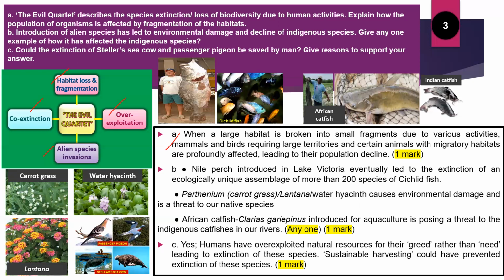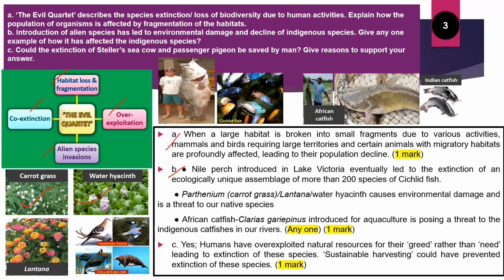Okay. Then the question part B mentions the introduction of alien species and how they are affecting indigenous species. So some of the examples are cited here. Nile perch, it was introduced in Lake Victoria, and it resulted in the extinction of an ecologically unique assemblage of more than 200 species of cichlid fish. Okay. And Parthenium or carrot grass, lantana, water hyacinth. They spread across different territories very fast, and they cause a lot of environmental damage and are a threat to our native species.